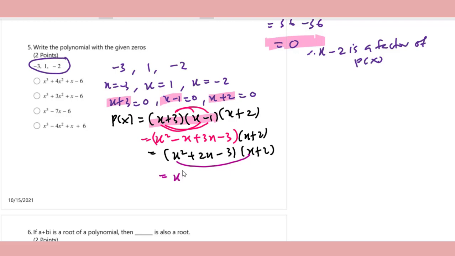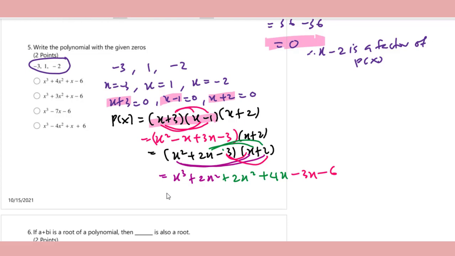Then the next step, multiply. X cubed plus 2x squared plus 2x squared plus 4x, negative 3 times x, negative 3x, negative 3 times 2, negative 6.